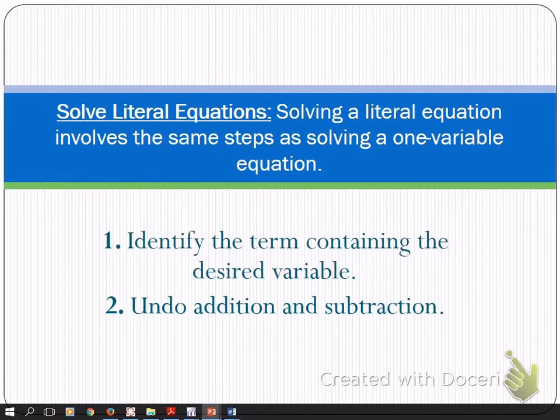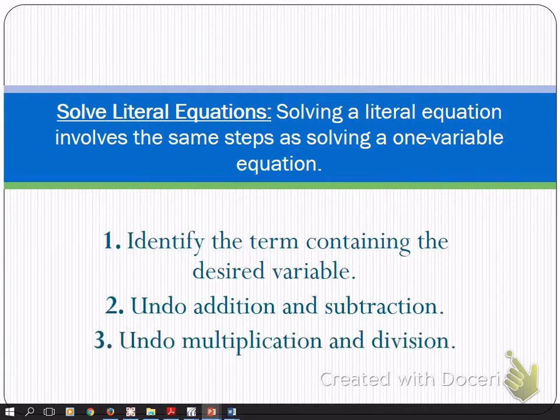Then we undo any addition and subtraction around that term, which is what we did first in solving equations before. And then we undo any multiplication or division around that variable. It's the same steps, it's just going to look a little bit different.